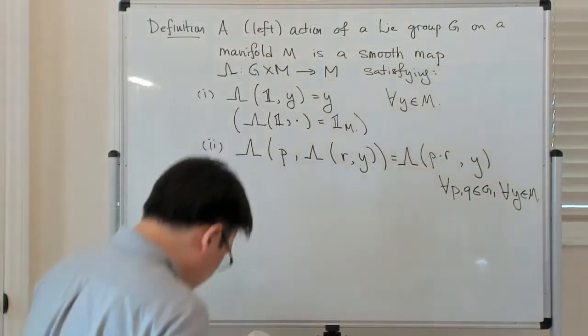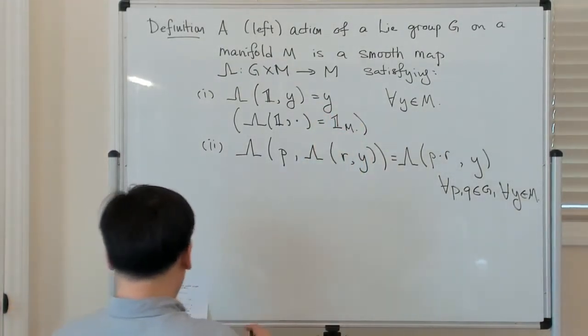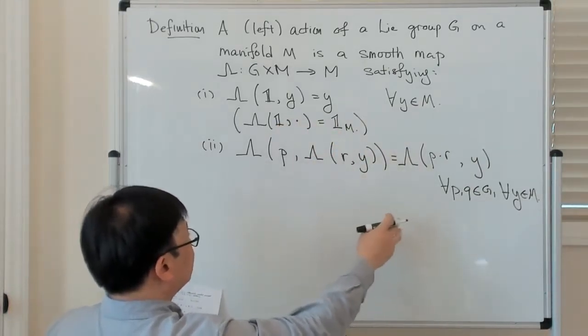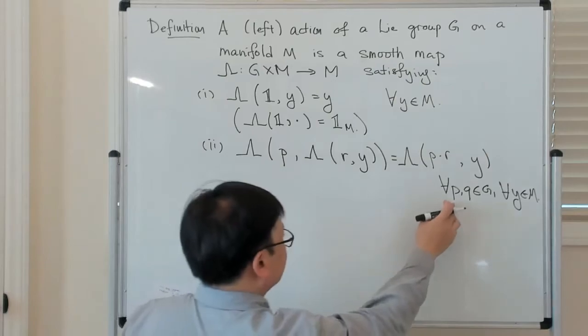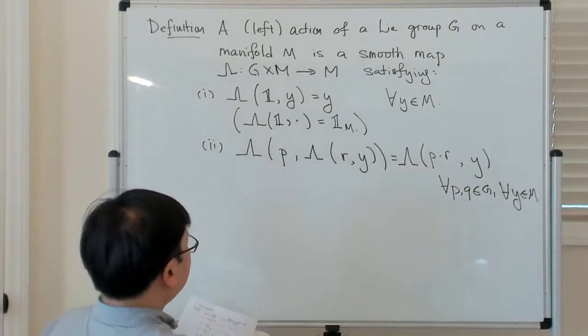And so this would be a group action, and what sometimes happens is that these conditions only really hold. Particularly this condition only holds for P and Q which are in some neighborhood of the identity element.